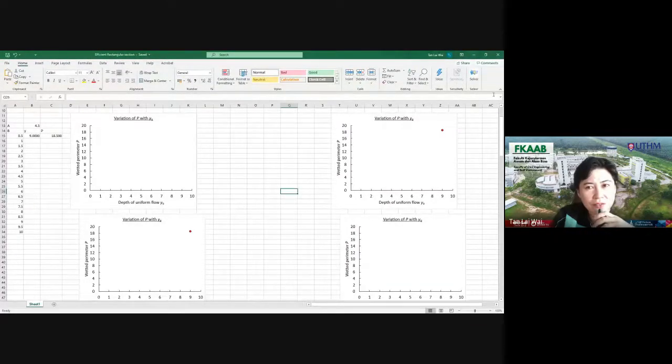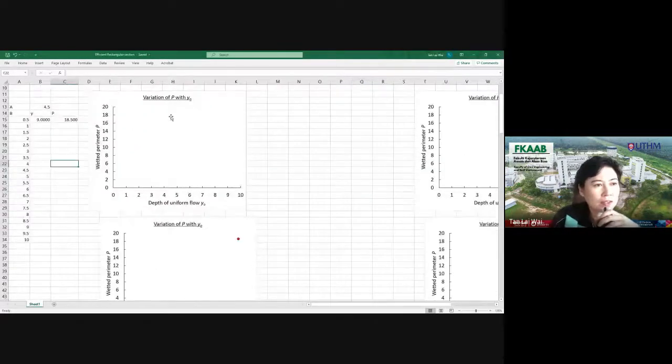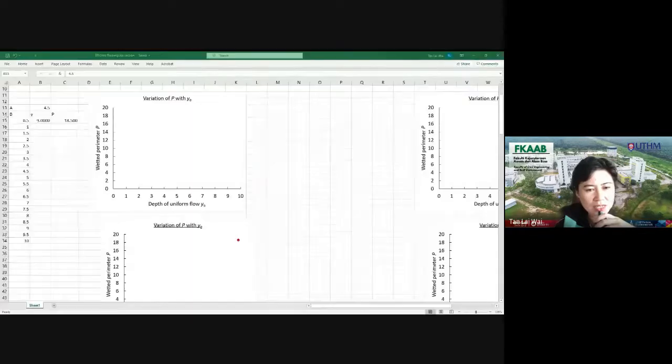This Excel file actually shows the variation of P with respect to y. I'm going to increase a bit. Right now, this is actually a rectangular channel, which is in your chapter 2.